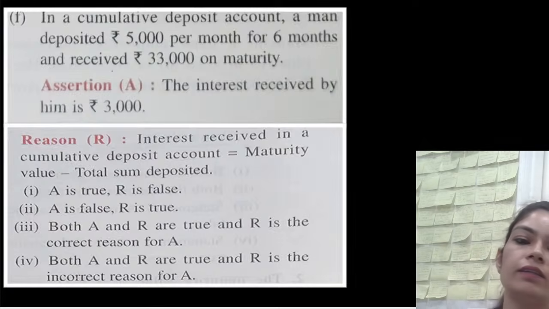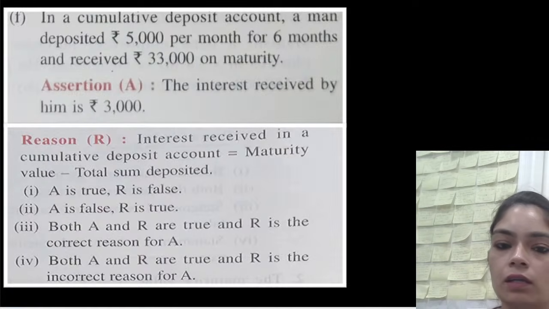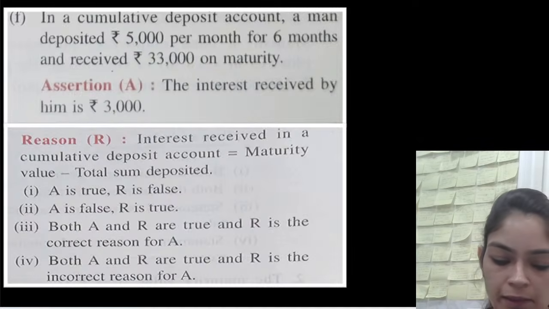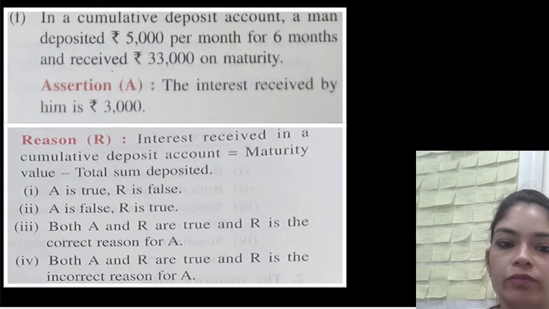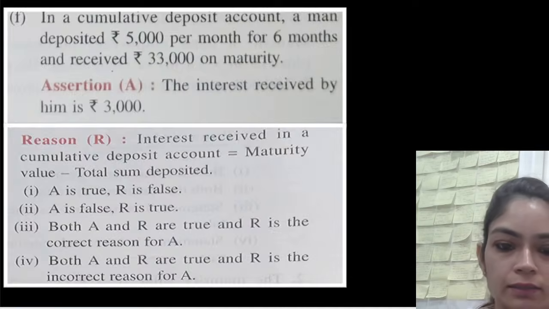In assertion and reason questions, we have to understand. These might sometimes be tricky. I've seen students finding difficulty in this one. So let's try to do this question. I'll just explain both the statements. I want you people only to tell me the answer.